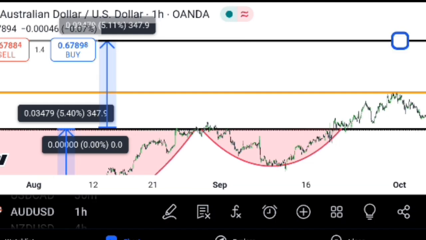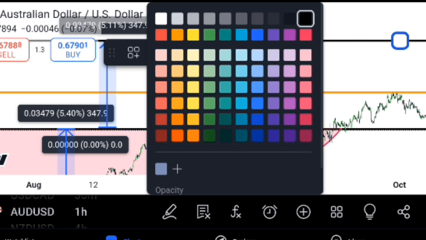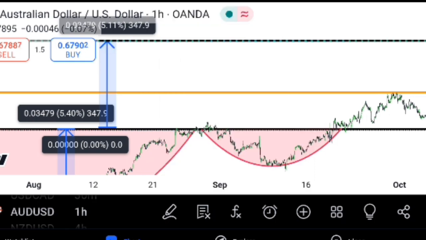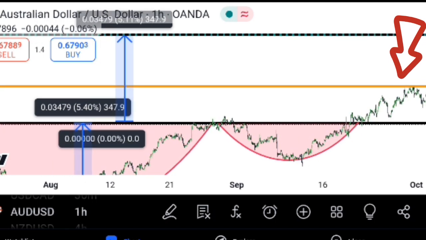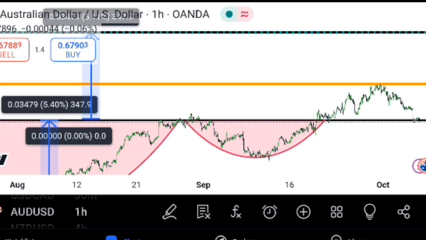So this next line here, let me change the color, that green line there. As you can see, our first TP has already been hit, and then it came back to retest. Obviously, the market has to come back for a retest before heading up. So the next market move from this support here is most likely to go back up, and this could be our potential take profit.